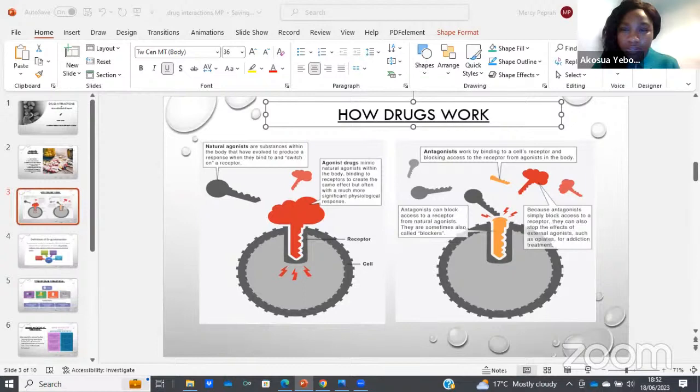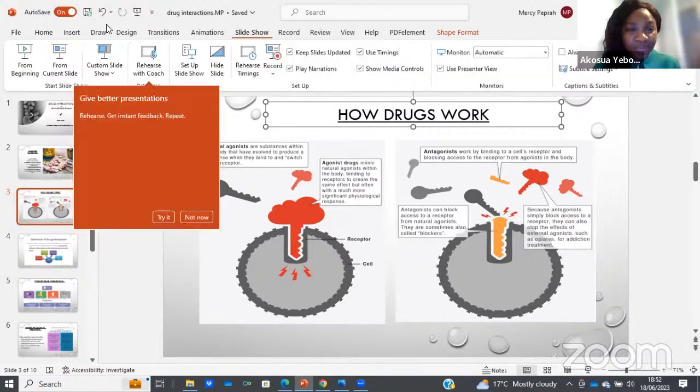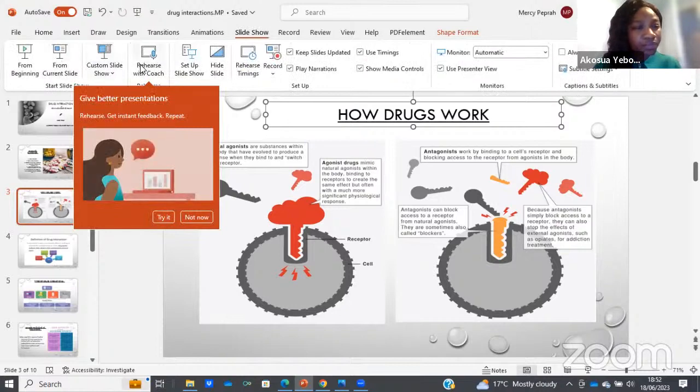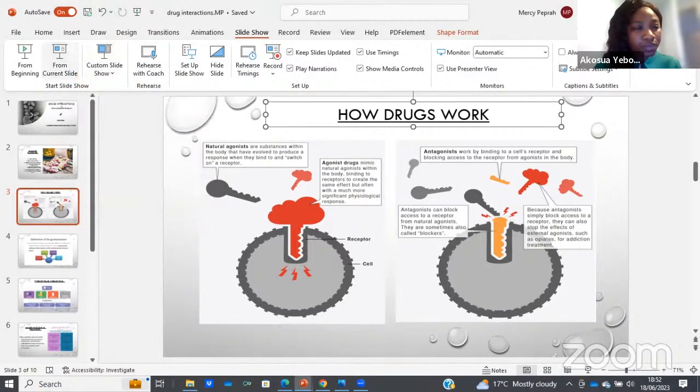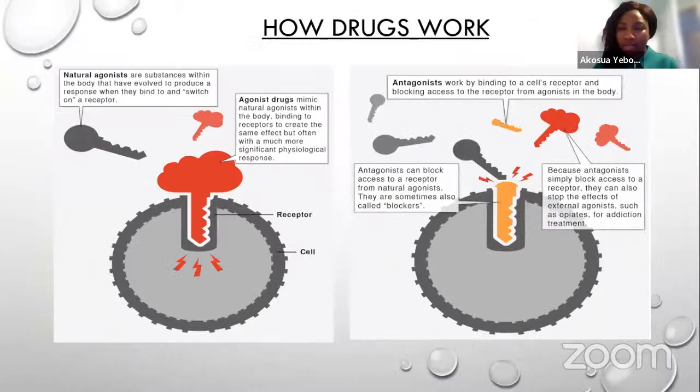Alternatively, go to File, Home, Insert, Design, Animation, Slideshow, from current slide. Yeah. Okay. Good.